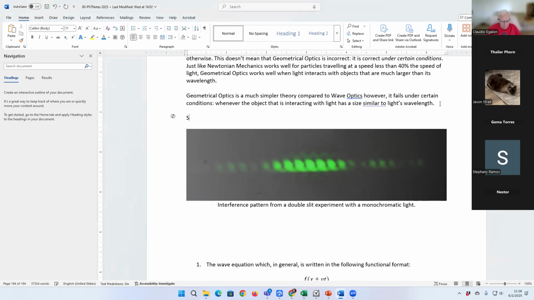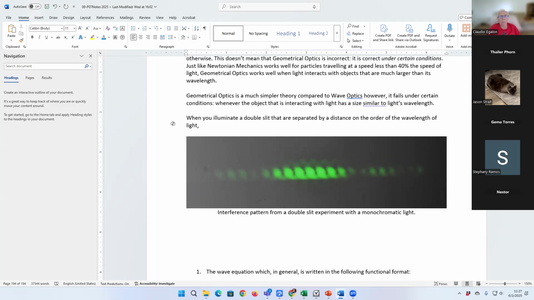So when you illuminate a double slit that are separated by a distance on the order of the wavelengths of light, instead of getting two bright spots on a faraway screen, instead you get multiple bright spots.